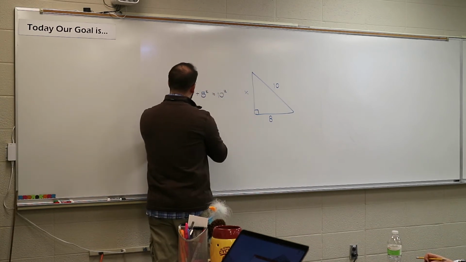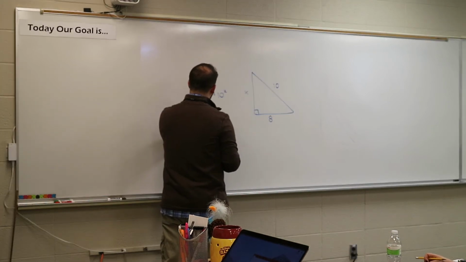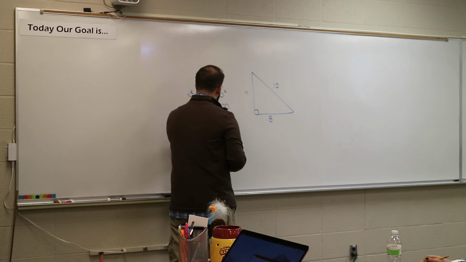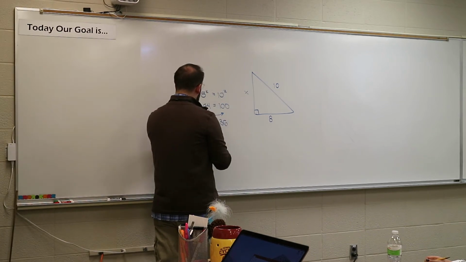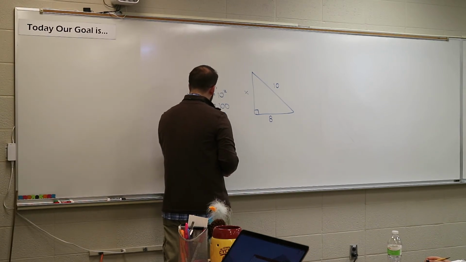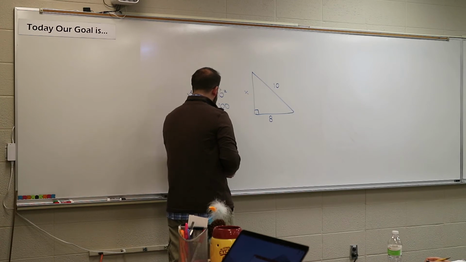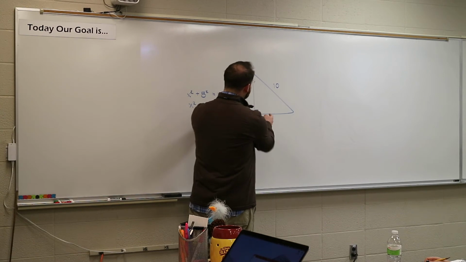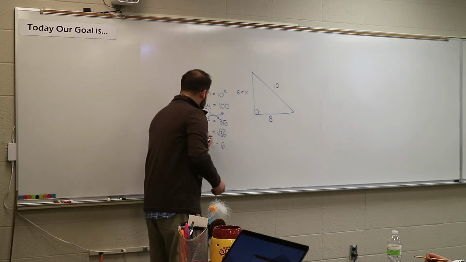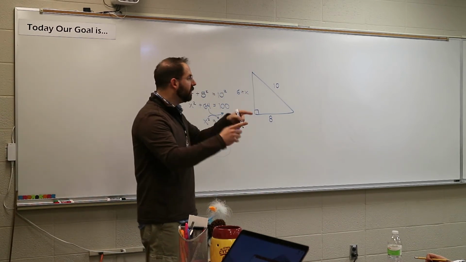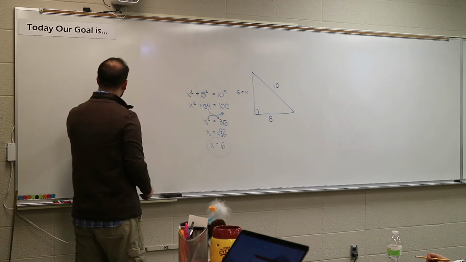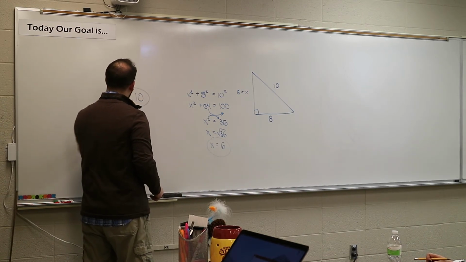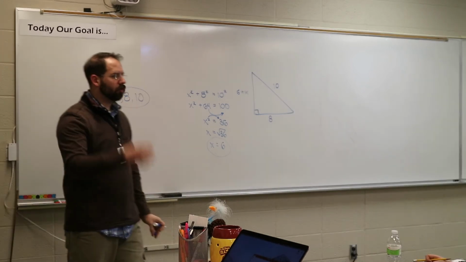So his numbers were 64 and 100, and he subtracted that over, and he got 36, which is a nice perfect square. So when he took the square root of it, he got 6, which made sense for his triangle, that these walls were going to be small, that was going to be the big wall, but it worked out to be a perfect number. The reason why I liked his example was because it just so happened the 3 numbers he chose are what they call a Pythagorean triple.